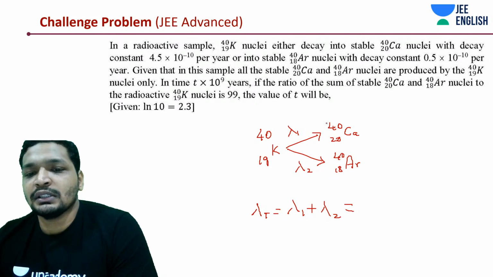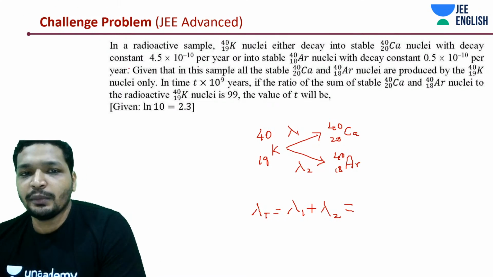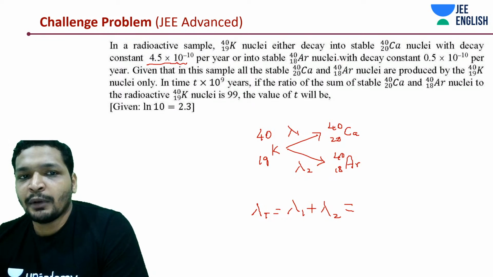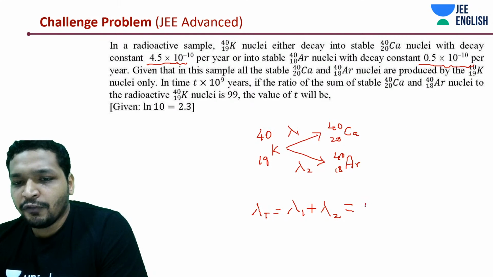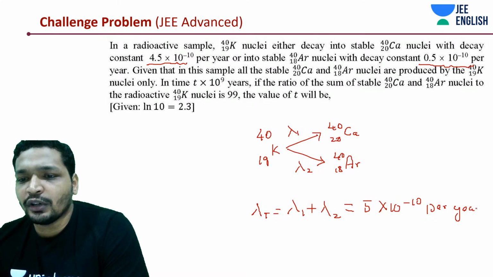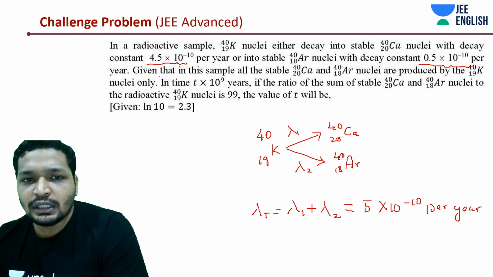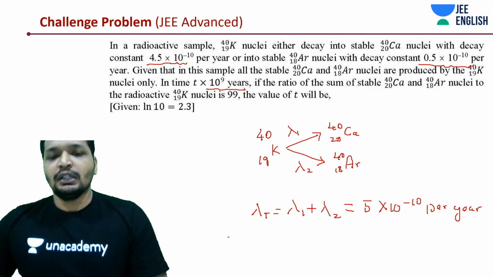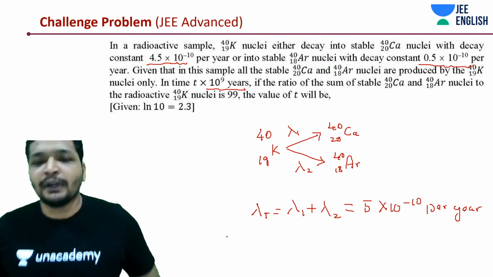Just think about it, it's just decaying from one single nucleus. That's going to be 4.5 plus 0.5. Lambda 1 is 4.5, lambda 2 is 0.5, so it should be 5.0 into 10 to the power minus 10 per year. Everything is in per year, so don't worry about it, because this is t into 10 to the power 9 years. Okay, and now let's come to the next part of it.